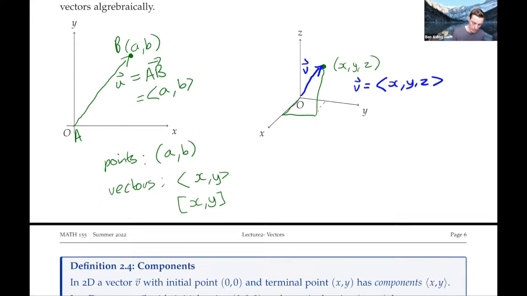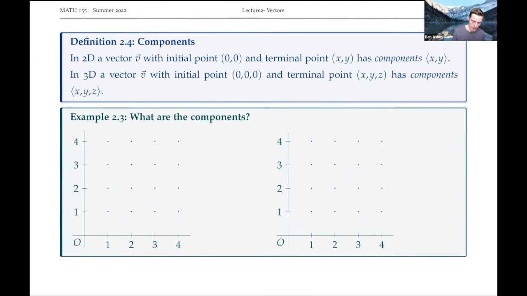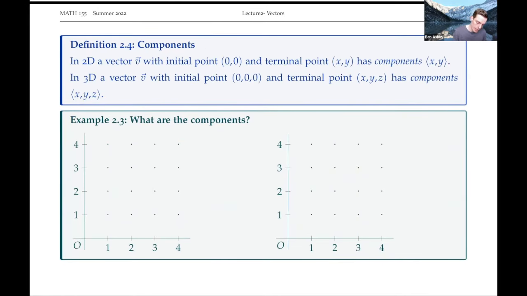And to give a couple more examples, if we have, say, in 2 dimensions, a point at 1, 3, then the vector that starts at the origin and goes to point 1, 3 here, we call this u, is going to have components 1, 3. So this is the point 1, 3.